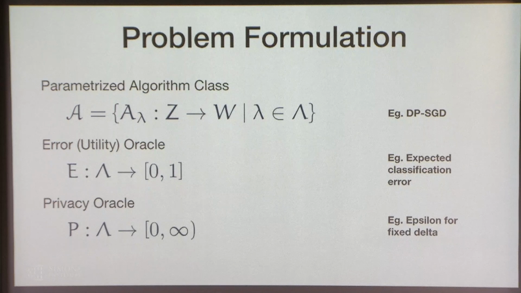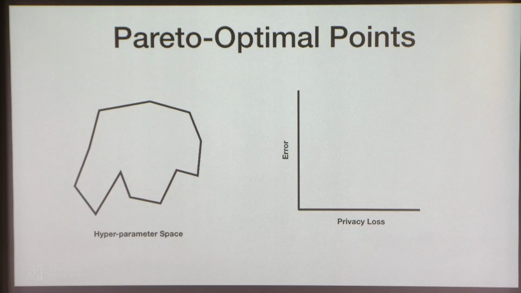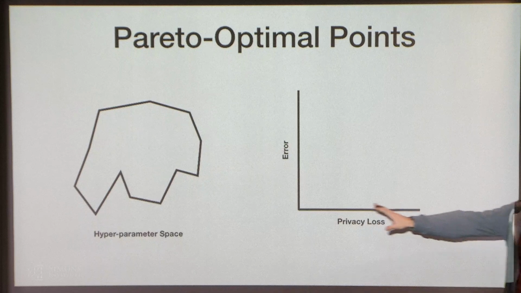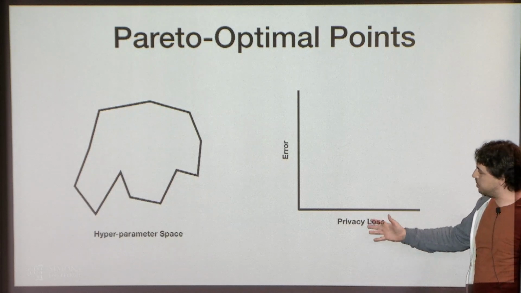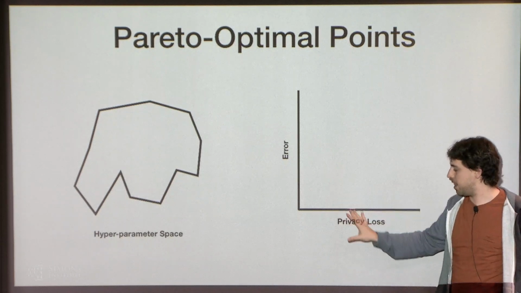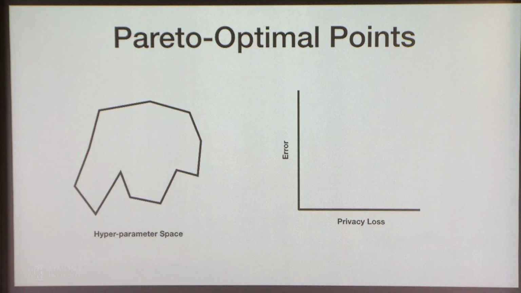Okay, so given these objects, what we're really trying to do is we have some hyperparameter space that might be high dimensional, might be a bit complicated in its geometry. And we have this two-dimensional plane of error versus privacy loss. And what we're going to do is we're going to successively pick hyperparameters that might seem interesting to us, evaluate the error and the privacy loss using the oracles. And that will give us a point in that plane, and we can repeat this over and over again.